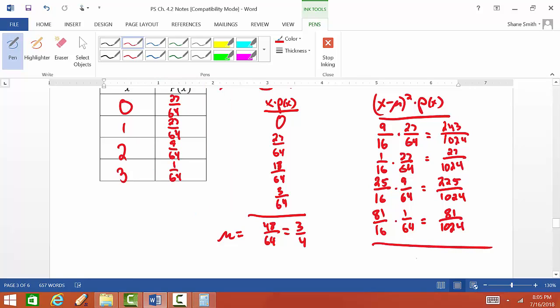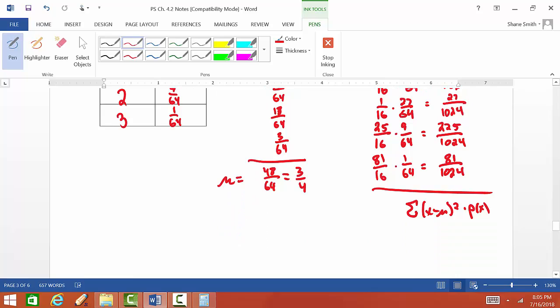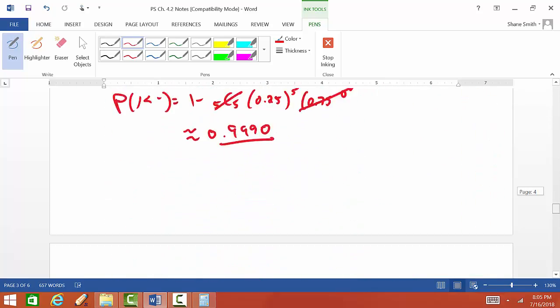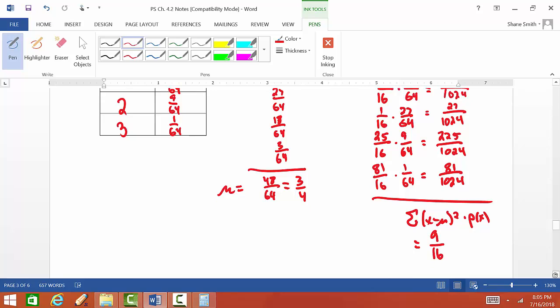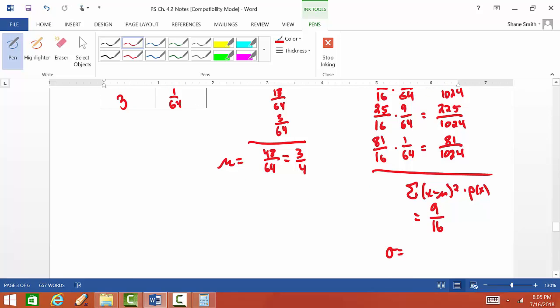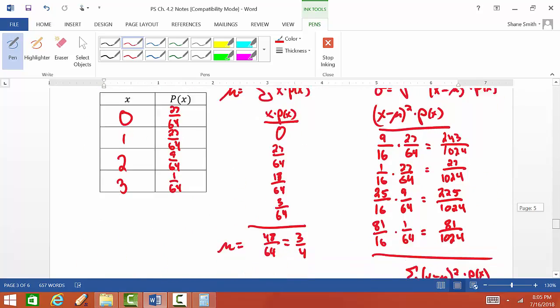So if you add all these together, and after simplifying, you end up getting 9/16. And the standard deviation, remember, is the square root of that, which is 3/4.